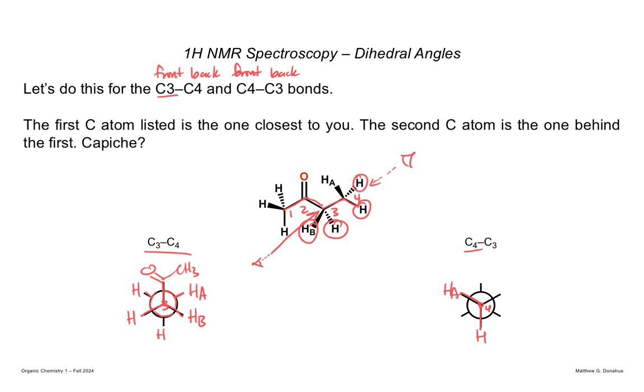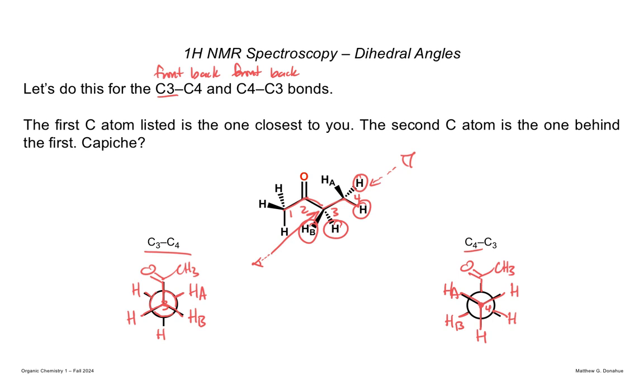And then the remaining hydrogen out to the right here is HA. So we know that HA and HB are on the same side, so HB in the back has to be down and to the left. And then the group that's going up is going to be the carbonyl and the C1 methyl group, meaning that down and to the right is the other HA.